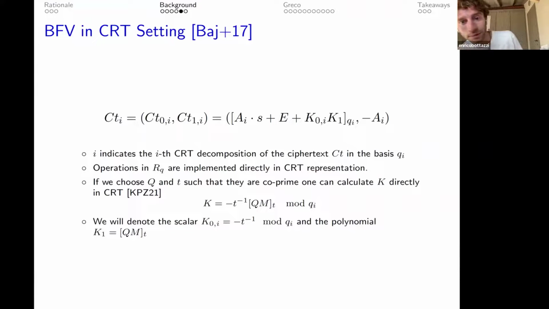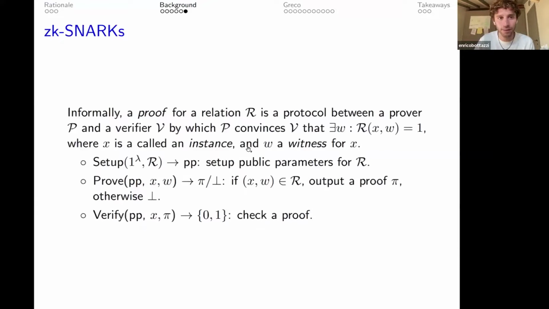And this is good because it means that we need to enforce some constraints on them only once, and we can then reuse them across each i decomposition. And also, as a side note, sometimes you also hear the term RNS, residue number system, I think. And I think it can be used interchangeably with CRT as a term.